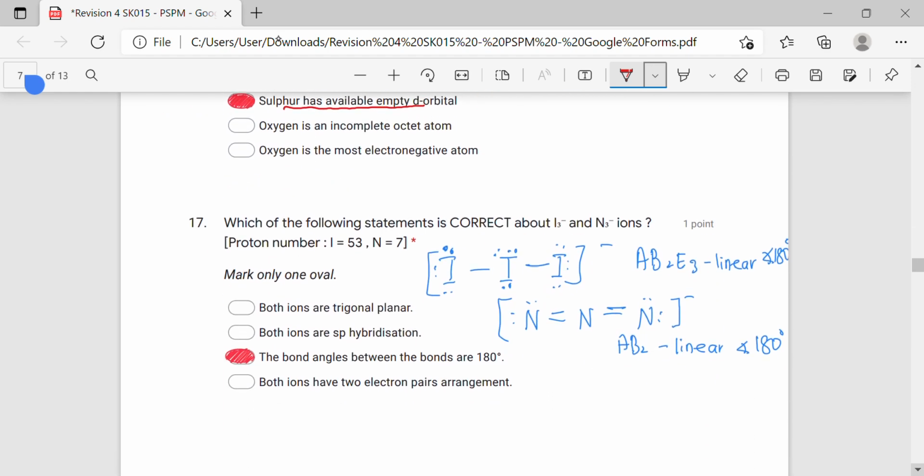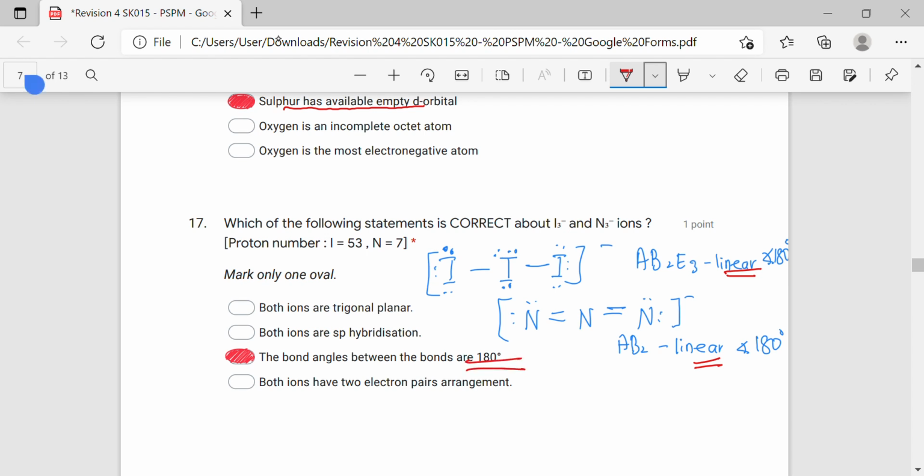So which of the following statement is correct about I3 minus and N3 minus ion? So lukis Lewis structure untuk kedua-dua ni. Okay, so daripada Lewis structure kita nampak I3 minus dalam linear shape. So untuk N3 minus dia ialah linear juga. Okay, so bond angle between the bond is 180.